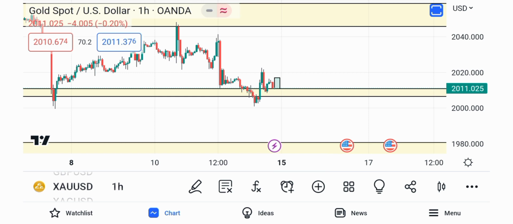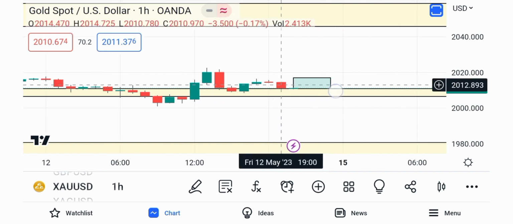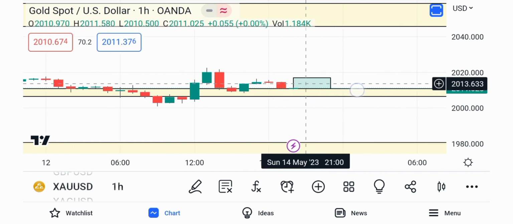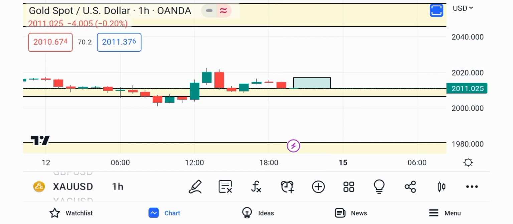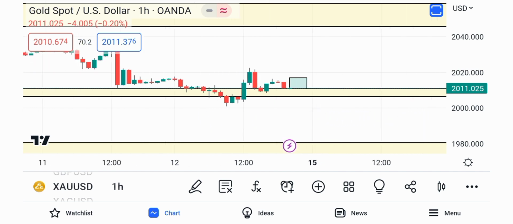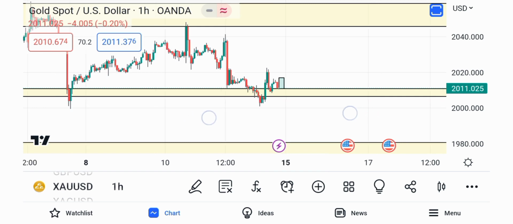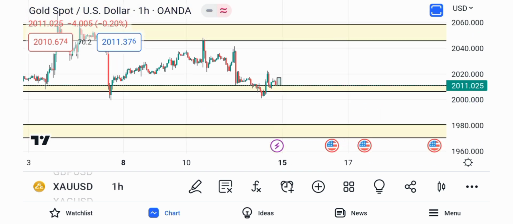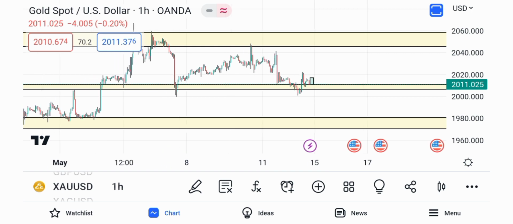So I want to see something like this closing above this particular red, bearish candle. This is what I want to see on gold if I'm to buy. But if that doesn't happen, then we'll still study how price behaves. So this is my analysis on gold.